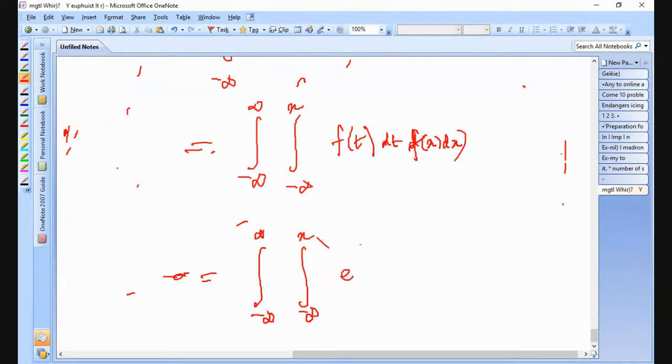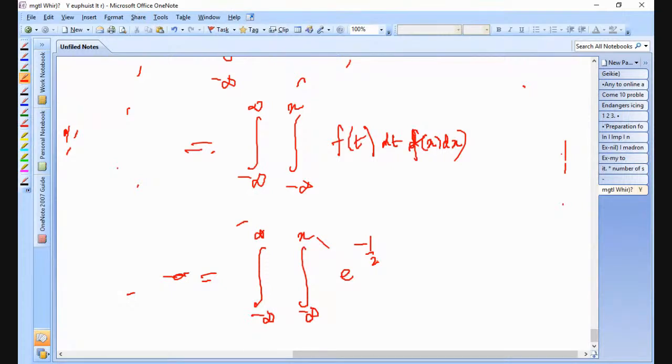I think this can be done using integration by parts. Let's check it out. f of t will be standard normal.